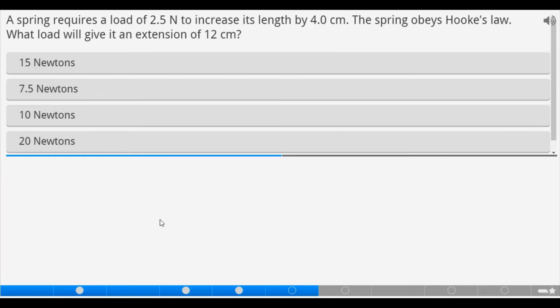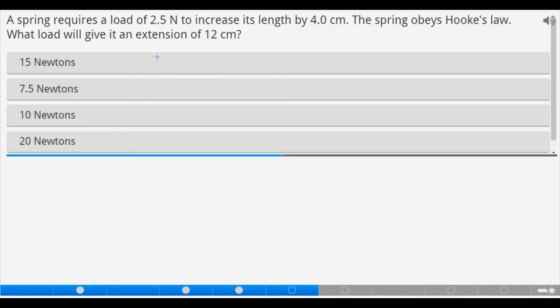Now let's move on. A spring requires a load of 2.5 newtons to increase its length by 4 centimeters. The spring obeys Hooke's law. What load will give it an extension of 12 centimeters? Now, let's solve it out before we pick the answer and follow the solution one step at a time.